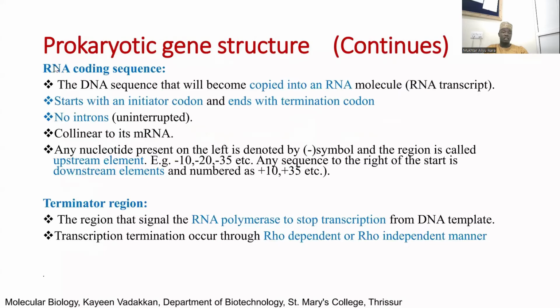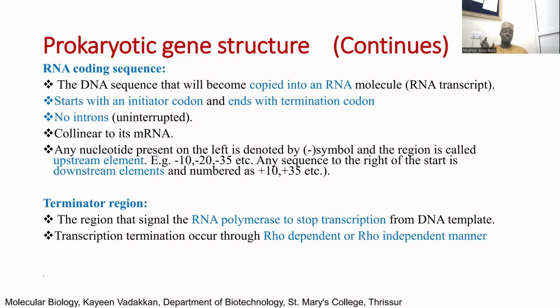And then the next thing is, of course, the RNA coding sequence. After the promoter, we are now going to look at the RNA coding sequence. This is the DNA sequence that will become copied into an mRNA molecule, the RNA transcript. The RNA coding region is a DNA sequence that is copied into a specific RNA molecule.